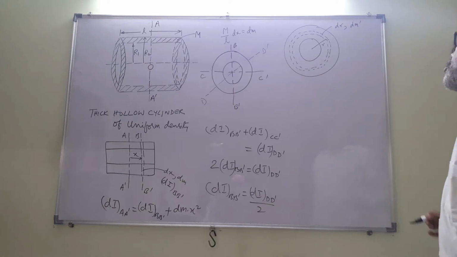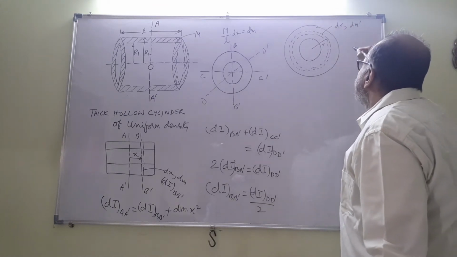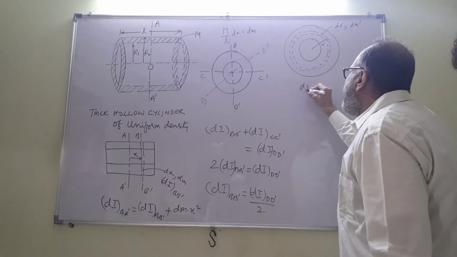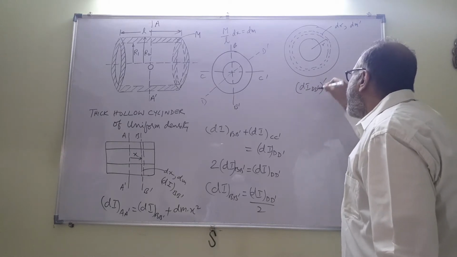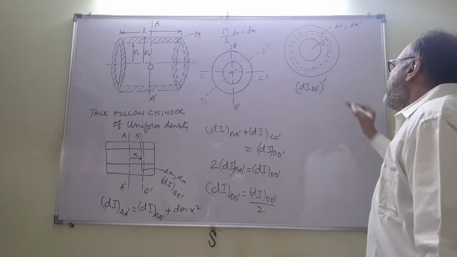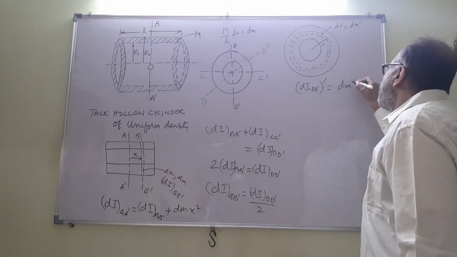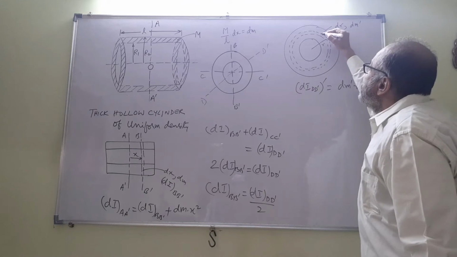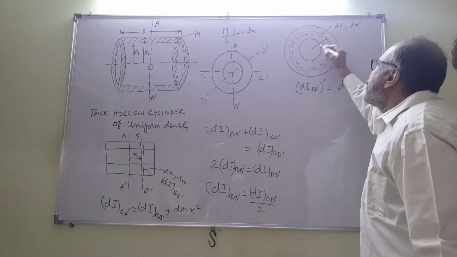So the moment of inertia about DD dash for this ring would be equal to dm dash into r squared, because every infinitesimal portion of the mass is at a distance r from the axis.